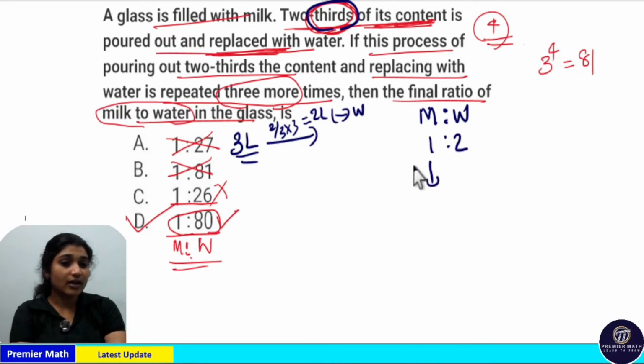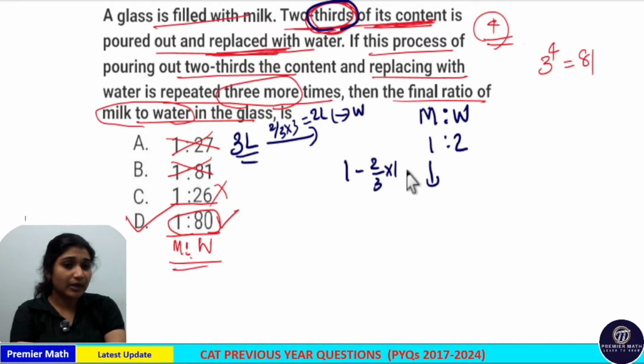Again you are taking out 2/3 of the mixture, which means you are taking out 2/3 of the milk and 2/3 of the water. So you are taking out 2/3 of the milk part, which leaves 1 minus 2/3 equals 1/3. Again you are taking out 2/3 of the water part.